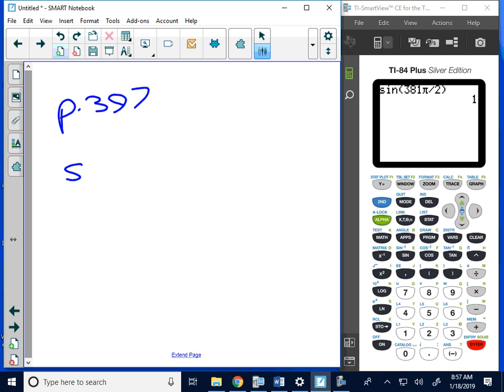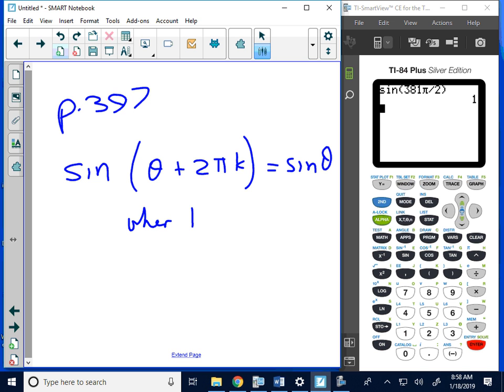It says the sine of theta plus 2 pi k is the same as the sine of theta, where k is any integer. This is a statement about the period of the sine function.